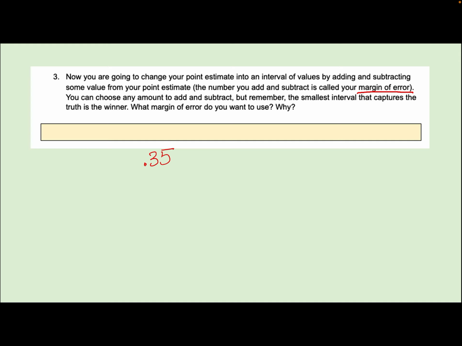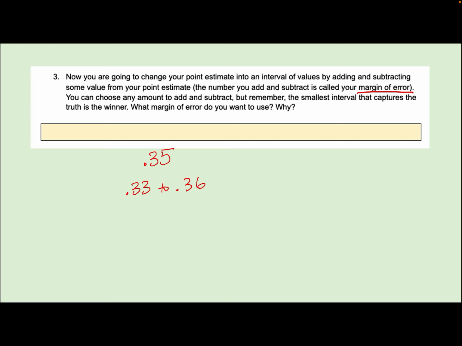What I'm asking you to do is to create a range that you feel really confident the true proportion, the parameter of red beads, would be captured by. So maybe you feel pretty confident. Maybe you want to do 0.33 to 0.36. That's a pretty narrow range.